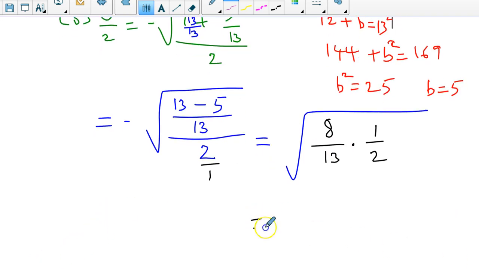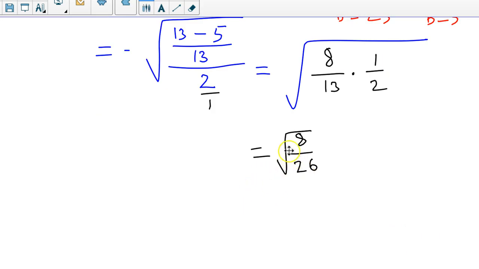So this gives 8 over 13 times 2, which is 26, under the square root.